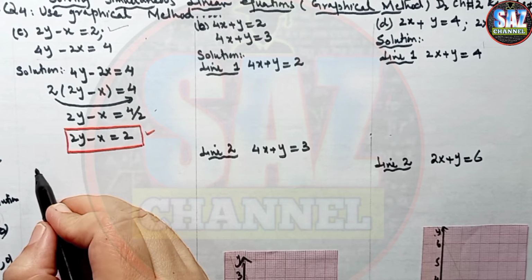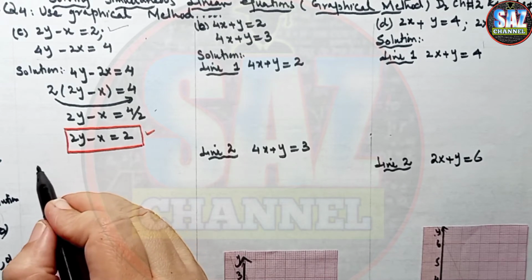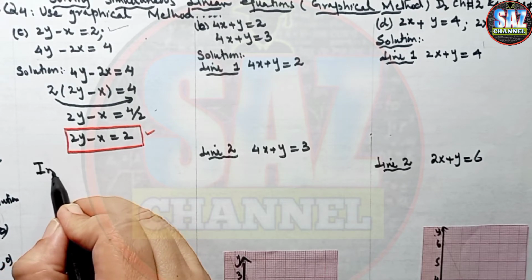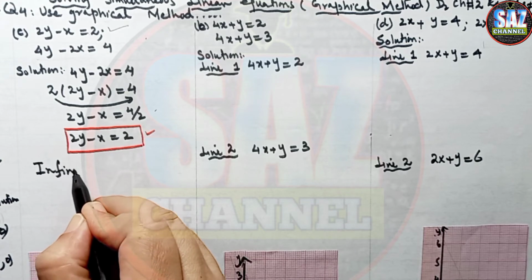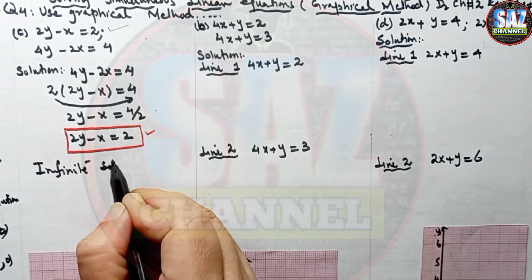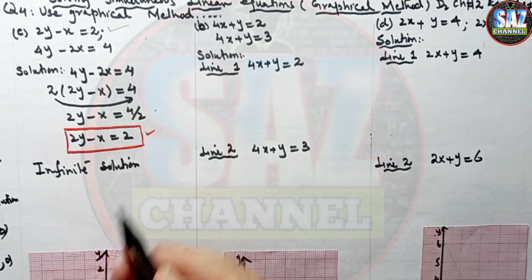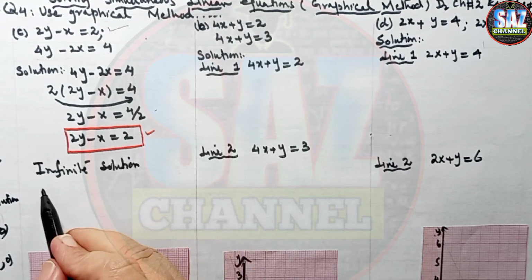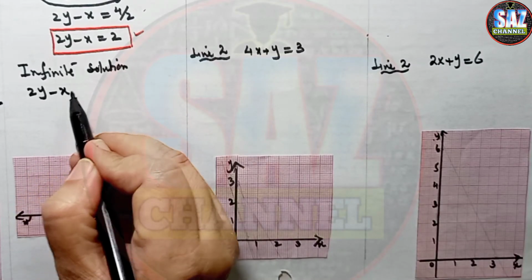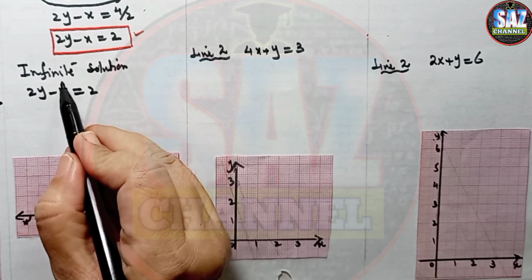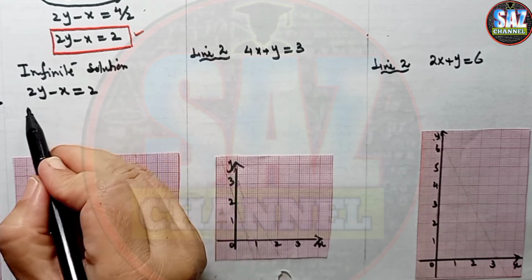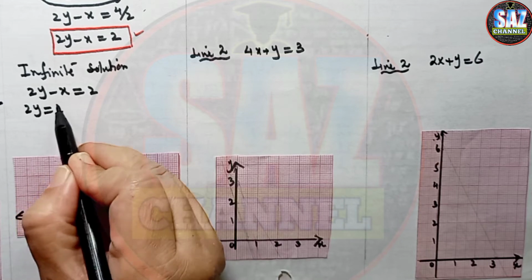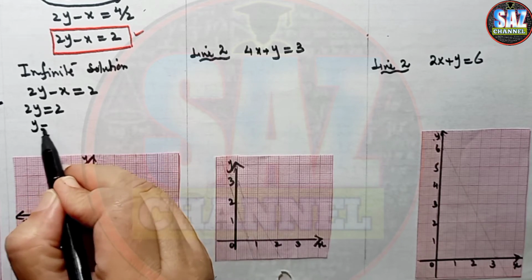These are identical lines that will coincide with each other, and we will have infinite solutions. So let's go for the plotting of the line. I will be preferring the intercept method. When I'm putting x as 0, I will have 2y equals 2, or y equals 1.